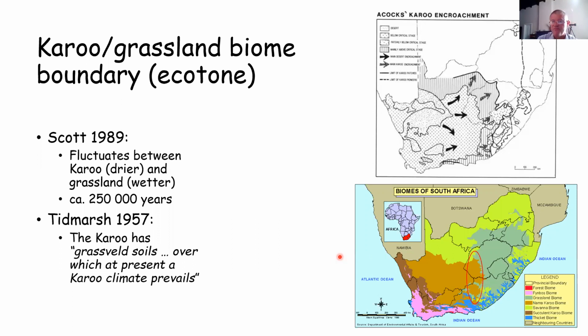And now in the 1950s, John Acocks, the famous botanist who did the Veld Types of South Africa book and map, with which we're all familiar, drew this or a similar map on the top right, showing that he predicted that the deserts were going to be encroaching into the Karoo, and the Karoo was going to be encroaching into the grasslands.